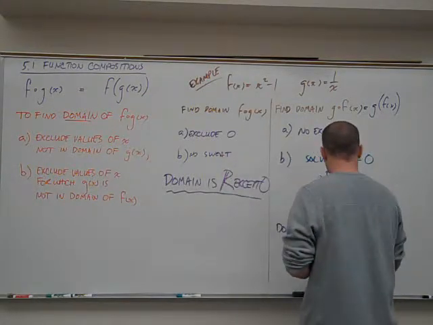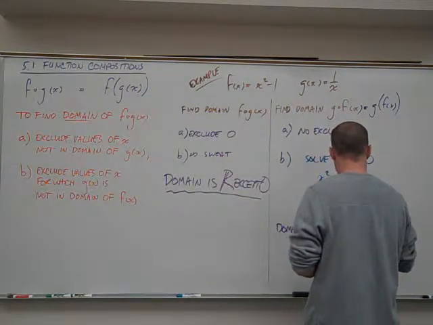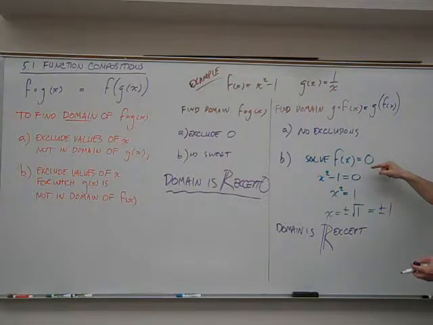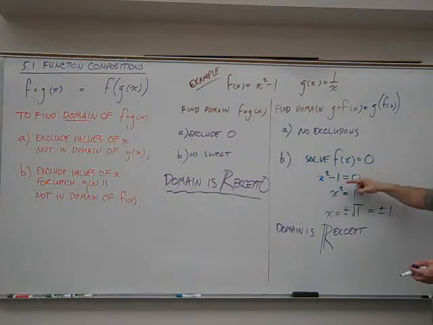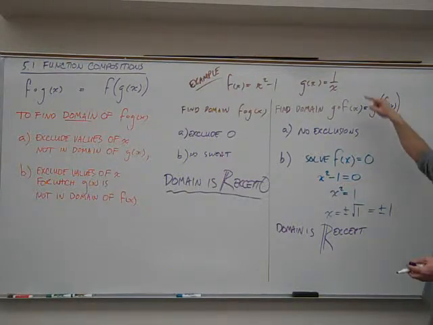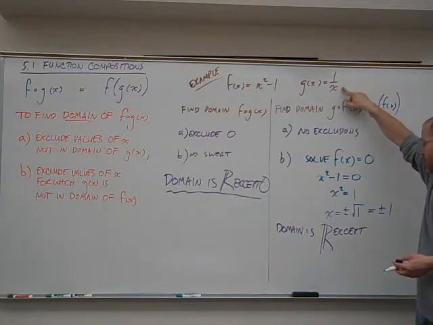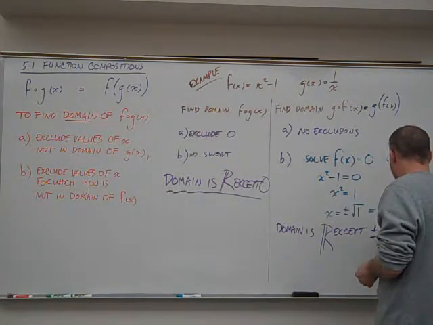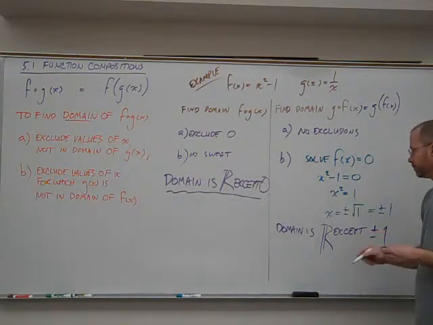All real numbers except, well, anything that was not in the domain of f, but I didn't lose anything there, and anything for which f of x, for which x squared minus 1 was equal to 0, because 0 is not in the domain of g. So everything except positive and negative 1.